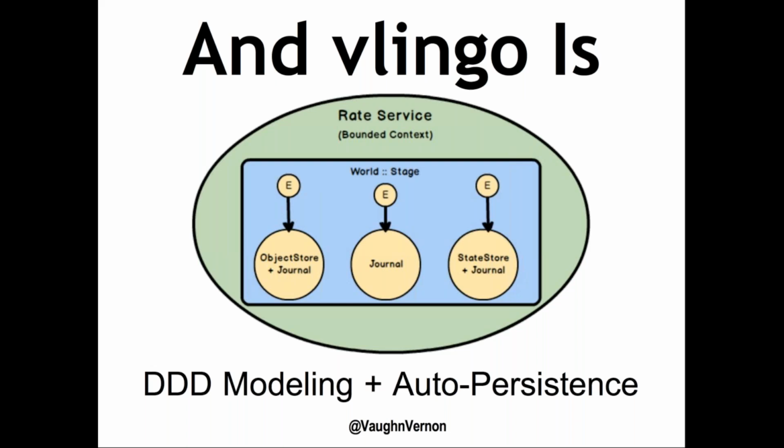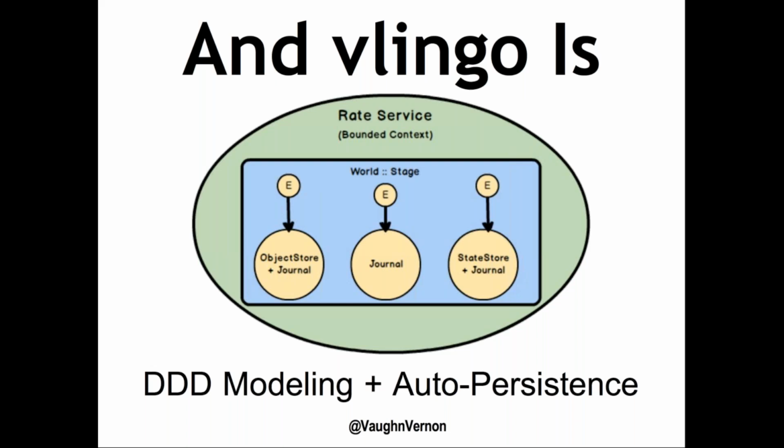This is not exactly the same as an event source journal or event sourcing journal, but they do nonetheless have journals, and through this journal, the ObjectStore can atomically persist both the state of the entity, that's the smaller circles above the storage mechanism marked with E for entity.